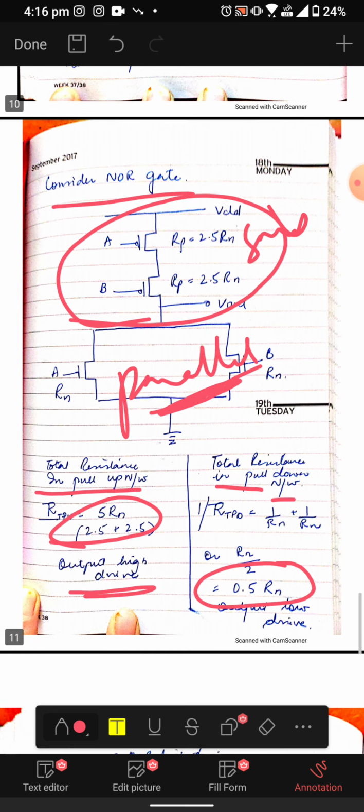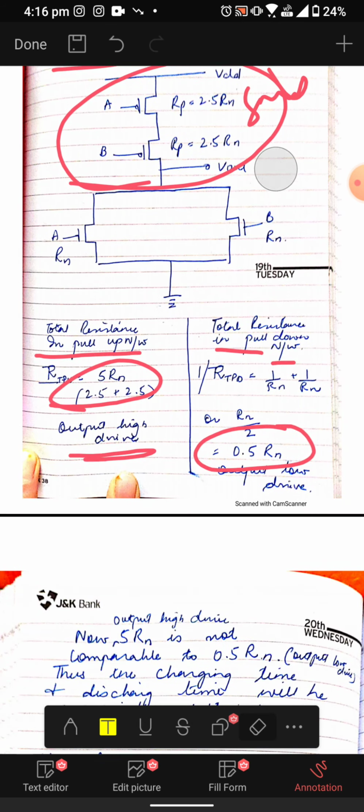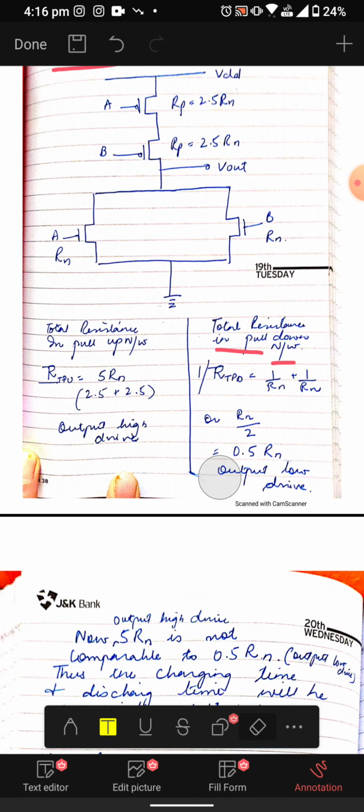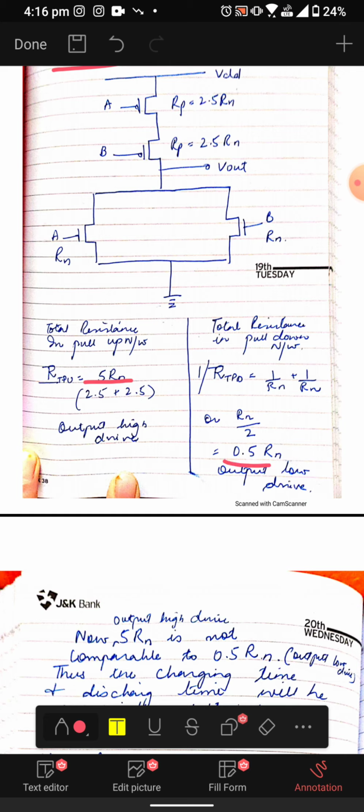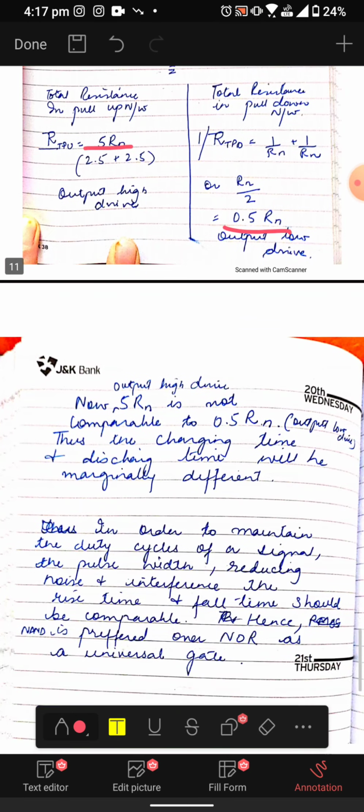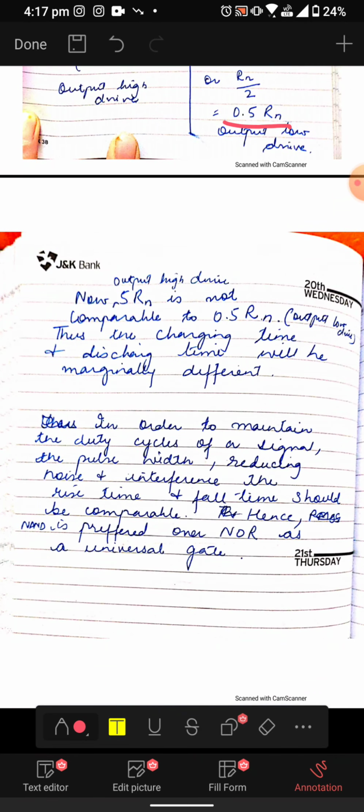Is 5 times Rn comparable to 0.5 times Rn? No, it is not comparable. They are poles apart. They are completely different from each other. As such, the charging and the discharging time for this arrangement will be very different as compared to what we got in the NAND gate.